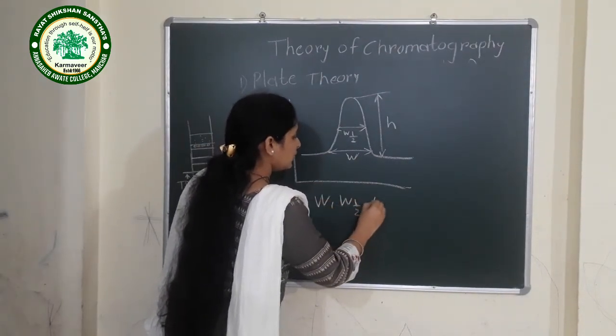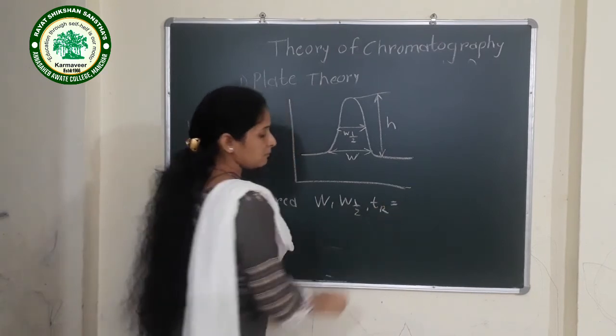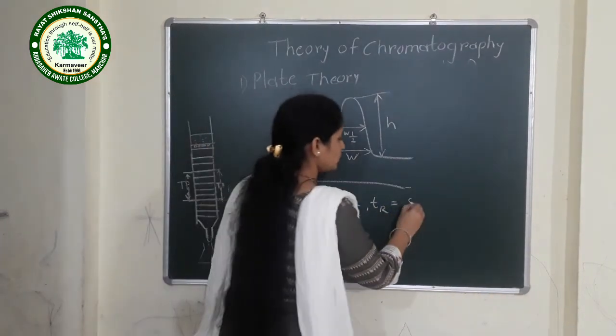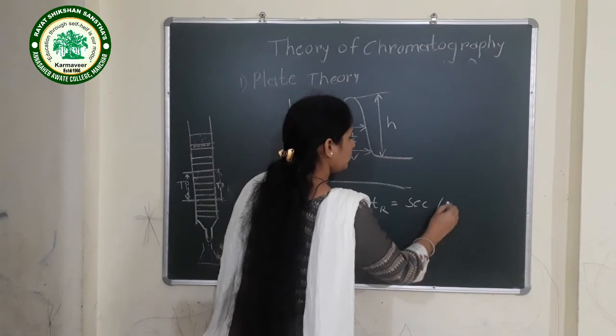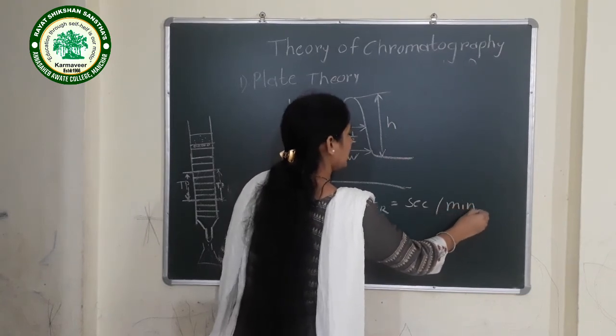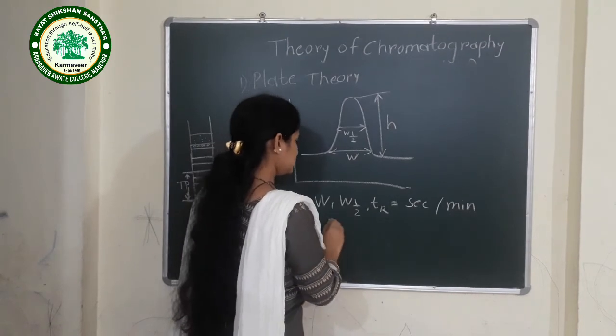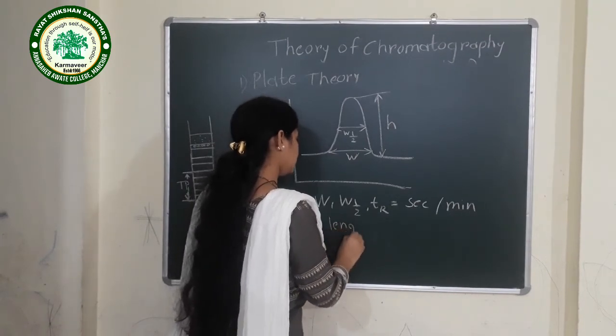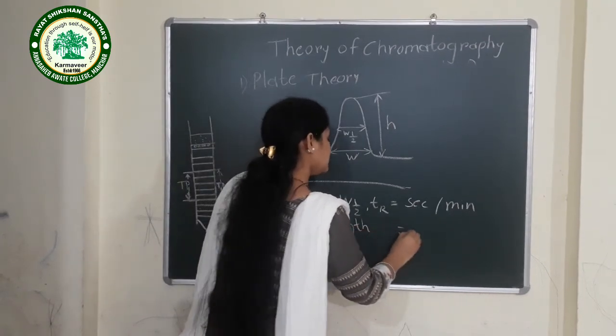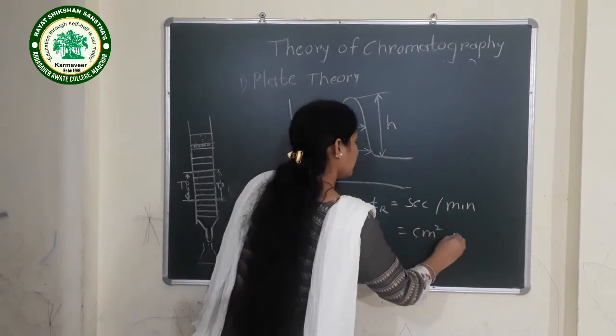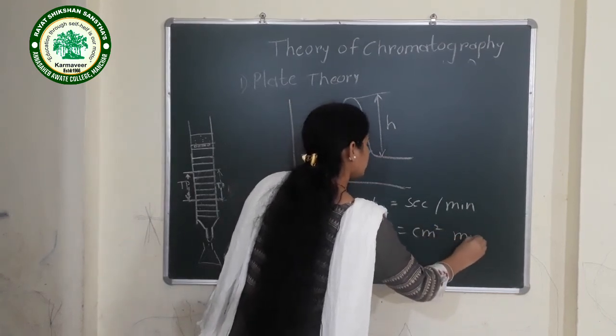Now this W half and retention time can be given in units of second or minute. The length of the column and the height of the peak, whether length or height, are given in centimeter square or mm square.